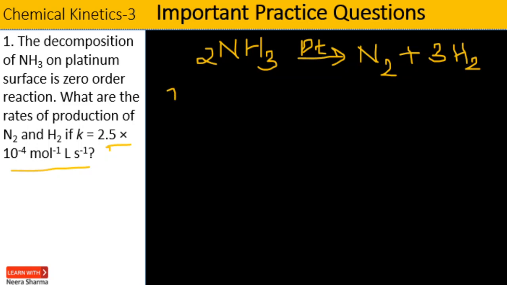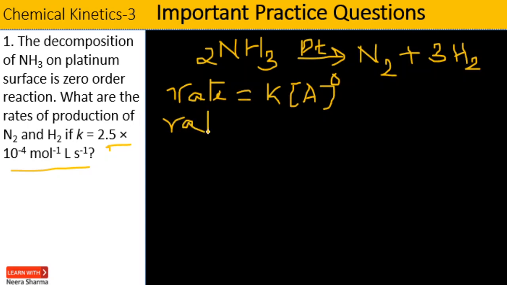That means this is the reaction: 2NH3 gives, in presence of platinum, N2 gas plus 3H2 gas. Now as it is a zero order reaction, rate of this reaction would be equal to K into concentration of the reactants raised to the power 0. Now anything raised to the power 0 is 1. So the rate of a zero order reaction is equal to the rate constant K itself.